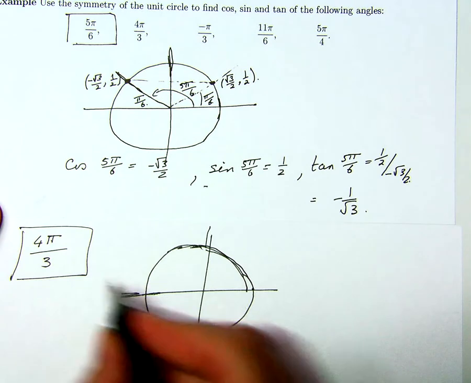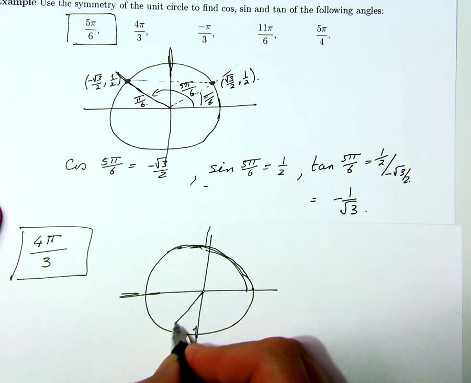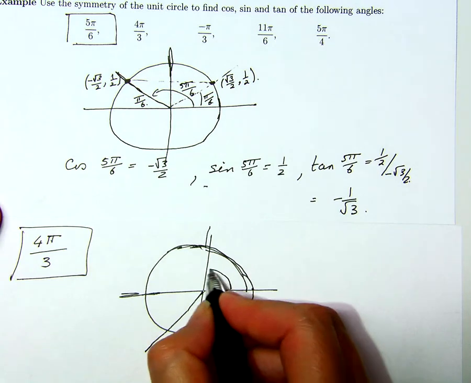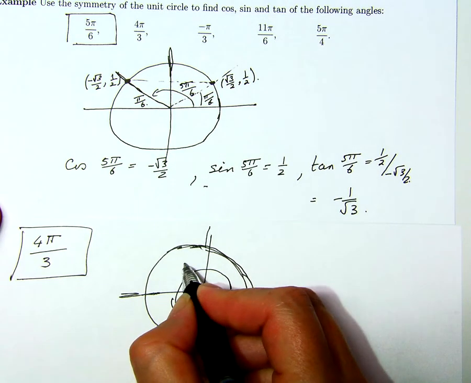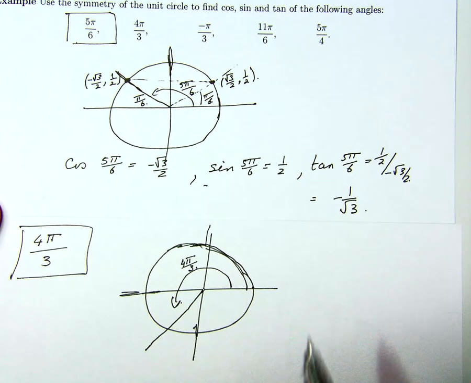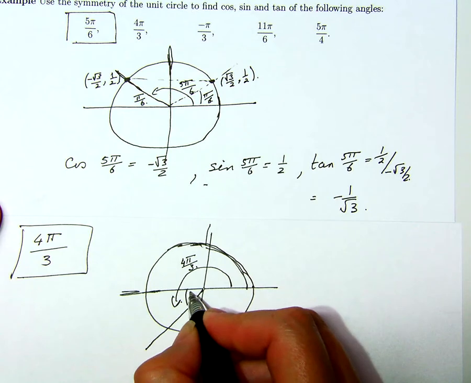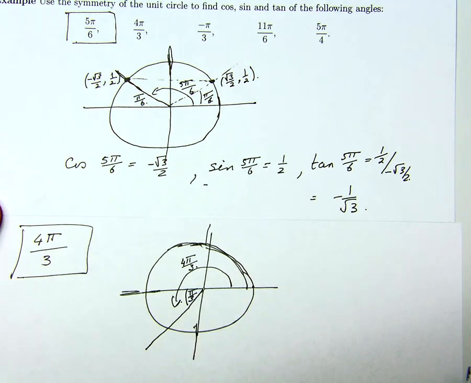Where is 4 pi over 3? Well, it's a little bit more than a straight angle. Looks like this. Its terminal side is in the third quadrant. And this angle here that the terminal side makes with the negative x-axis has size pi over 3.